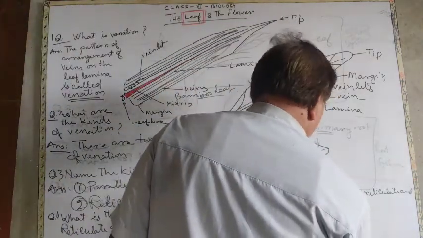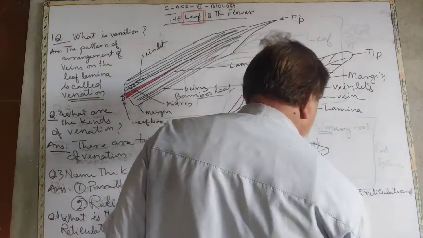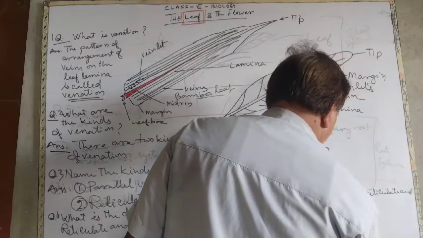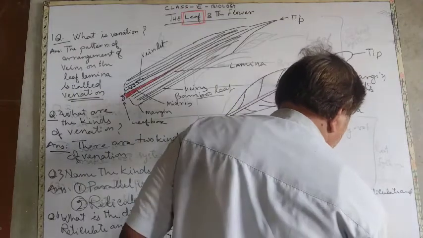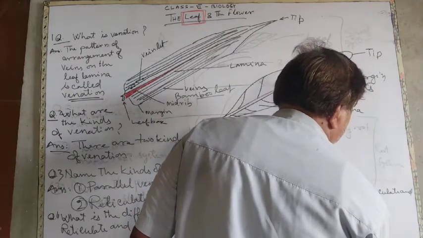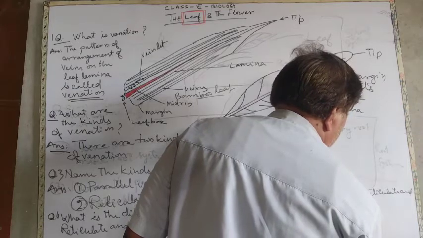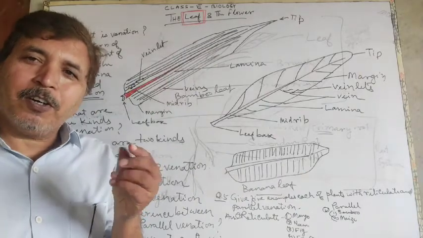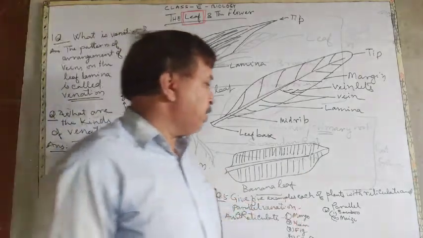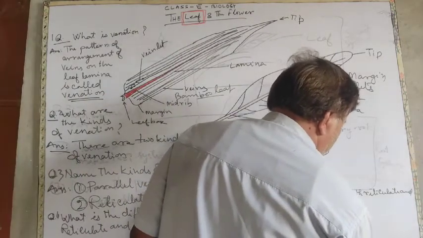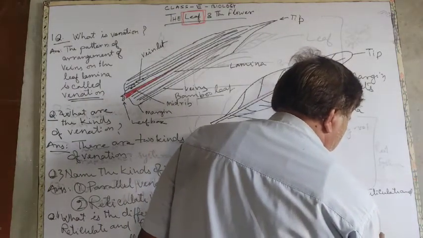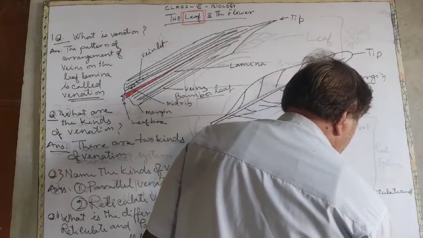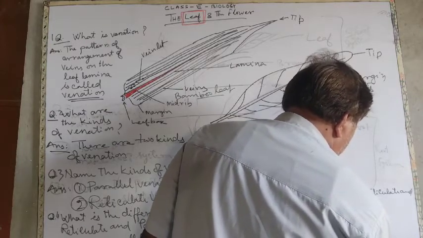And for parallel, this one is for reticulate, and for parallel you can write: the first one is, just now you heard, bamboo. The second one you can say maize. You have seen maize or the popcorns you use or cornflakes you use. Alright. Maize. The third one is sugar cane. The fourth one is sorghum. The fifth one is banana.